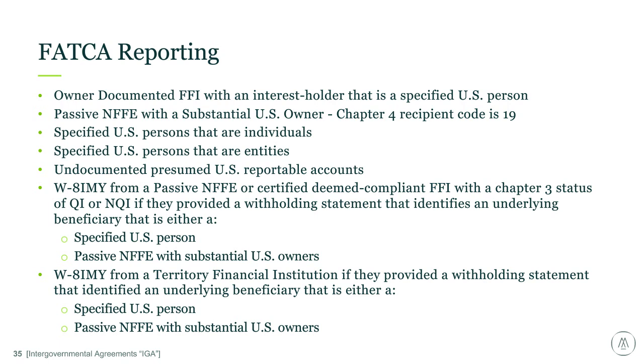Now, if you get a Form W8 IMY from a passive NFFE or a certified deemed compliant FFI, that's a QI or an NQI that's provided withholding statements that are disclosing these specified U.S. persons, or a territory financial institution that's disclosing these specified U.S. persons, you will likely have a reporting obligation for those disclosed.